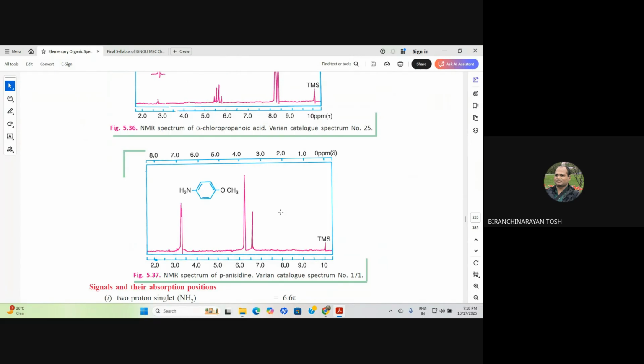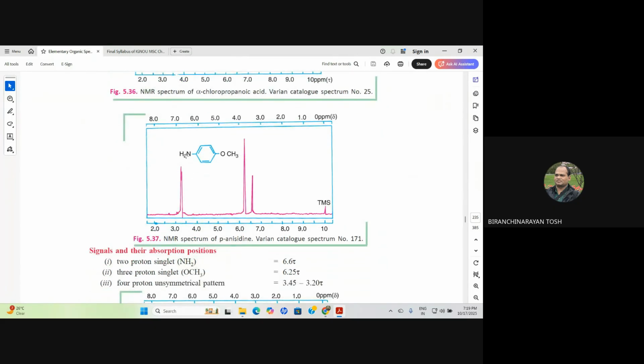Next, the NMR spectrum for anisidine, paramethoxy aniline. Here the NH2 protons are there, methoxy protons are there, and the benzene ring protons. So 3 signals we will get: a 2 proton singlet, a 3 proton singlet, and a 4 proton unsymmetrical pattern.